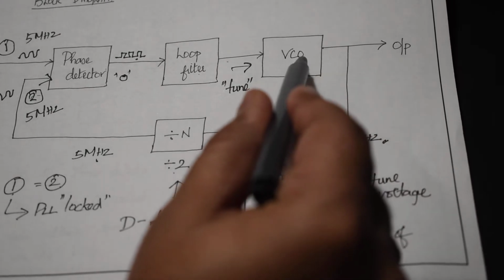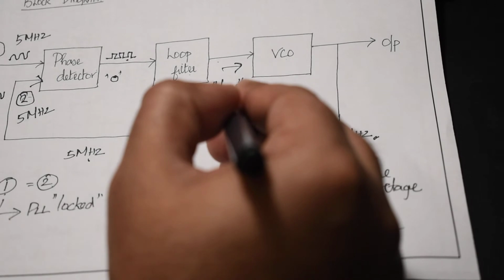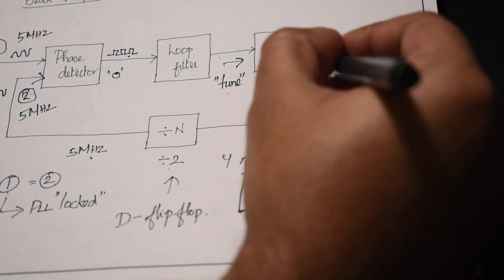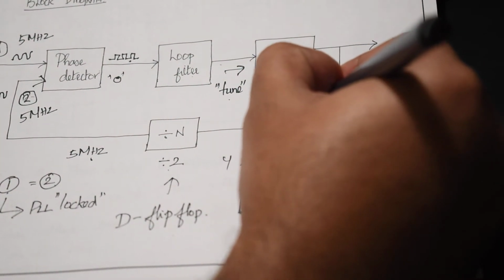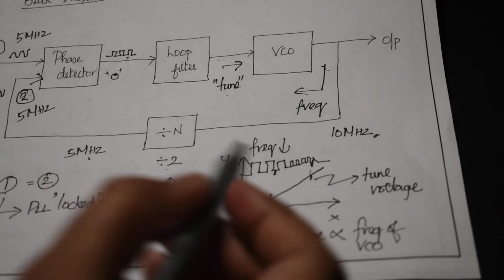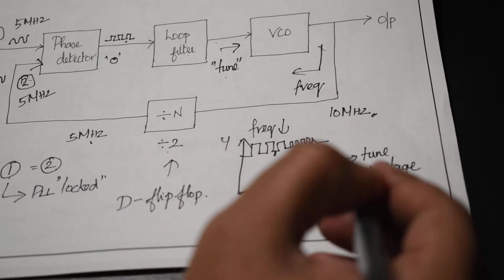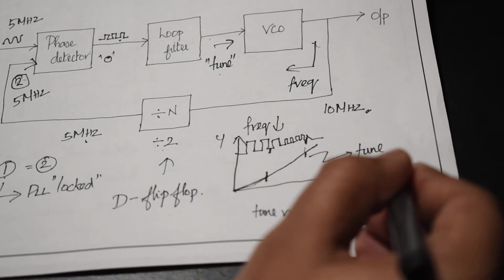The function of the VCO here is interesting. So whenever you have a small tune voltage, it generates a corresponding frequency output. So this is a basic understanding graph. So I am just plotting X versus Y, and this straight line here is the tune voltage.